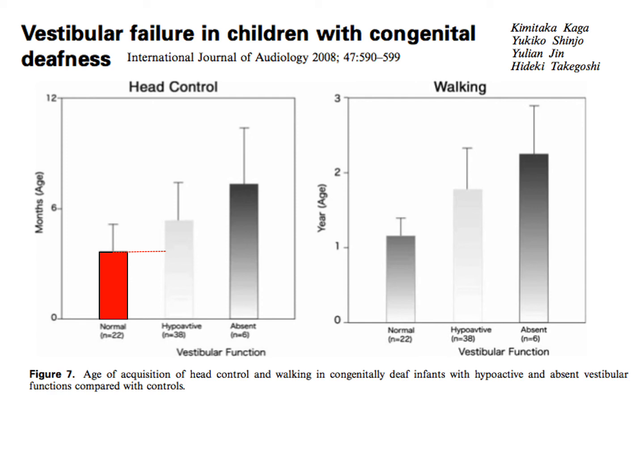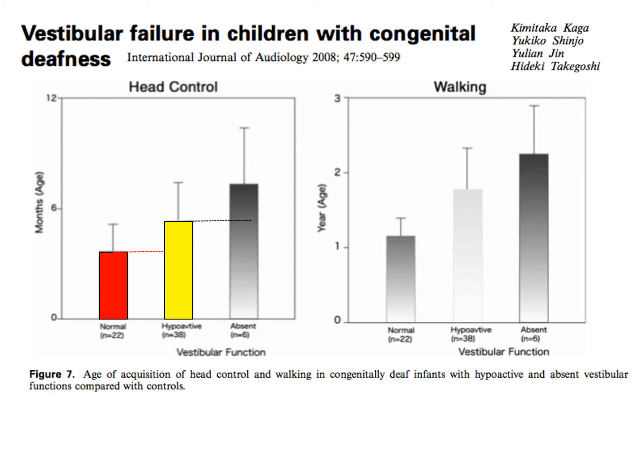For children who actually have a hypoactive vestibular system, and this could be due to an autoimmune disorder or perhaps meningitis in the child, it's a group of different things that may cause a hypoactive vestibular system. So it is a diminished or a loss of function within the vestibular system. What you'll see is that that motor milestone gets delayed by approximately a month, but there's quite a high standard deviation there.